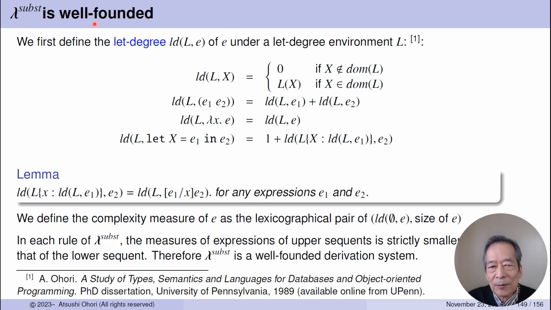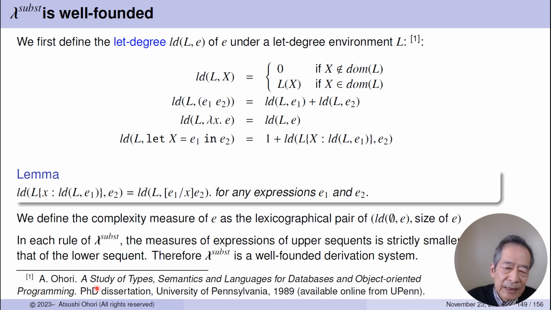So lambda subst is well-founded. Without this, the following argument is meaningless. It's well-founded so that it's a sensible derivation system. In order for this to be established, we first define the degree. This definition is taken from the PhD dissertation of myself. As I mentioned, this can be found online from University of Pennsylvania.